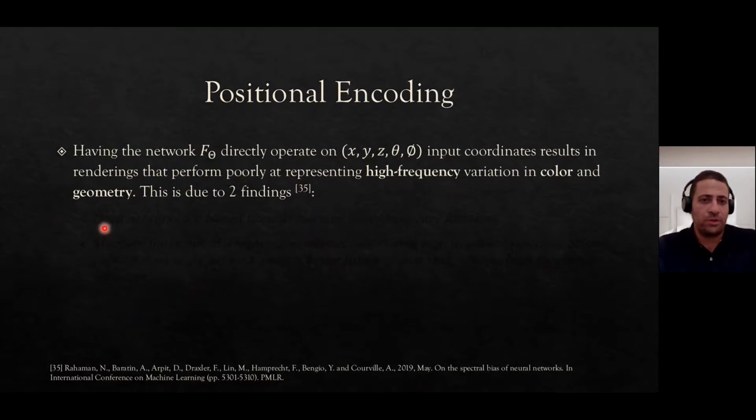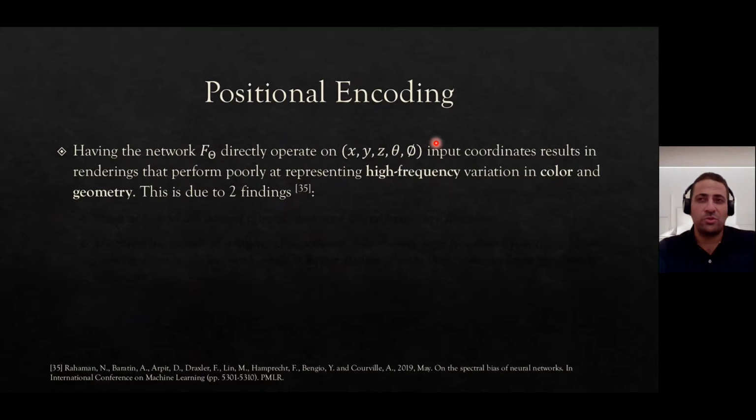So first, the positional encoding. Having the network f of theta directly operate on x, y, z, theta, and phi input coordinates results in renderings that perform poorly at representing high-frequency variation in color and geometry. This actually makes sense, since I have every input coordinate directly operating on them. You can think of this like when you use a regression function.